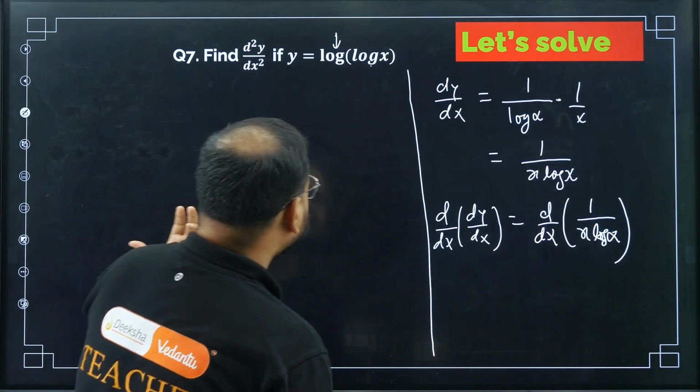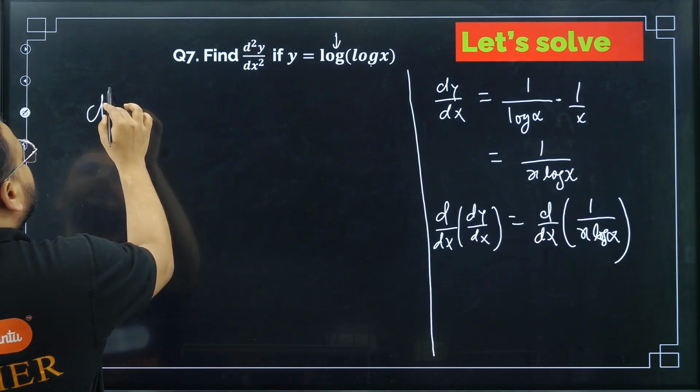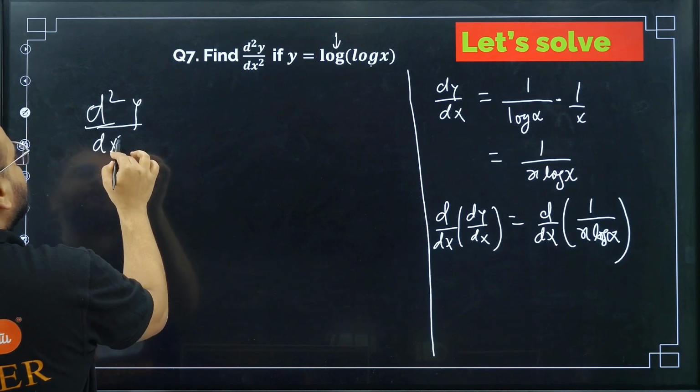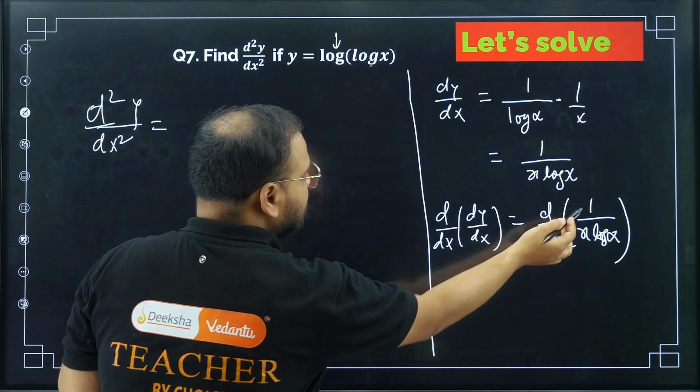Okay, so let me do it on this side. I can write d square y upon dx square is equal to, please check here, I'll differentiate the numerator first.